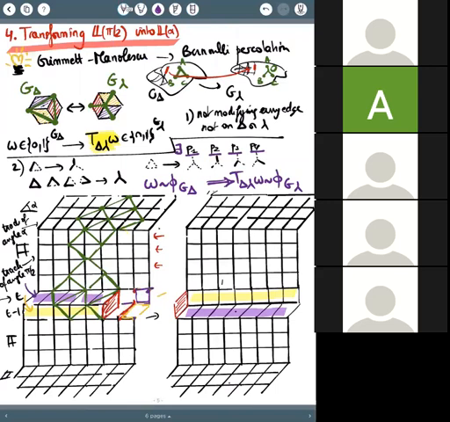I draw now the thing, I end up with a triangle. This is a triangle that I obtain after applying the star triangle. And you keep doing like that. You keep going, pushing step by step the red lozenge from right to left.